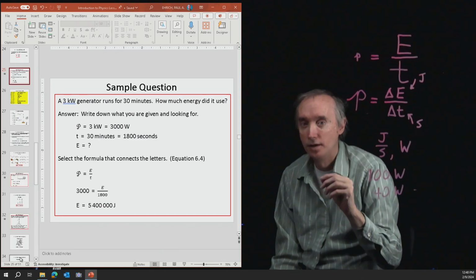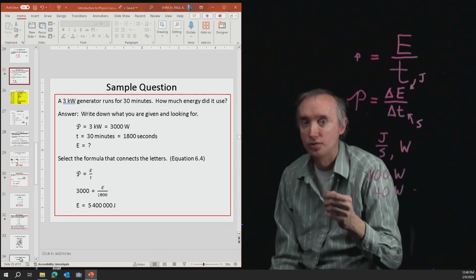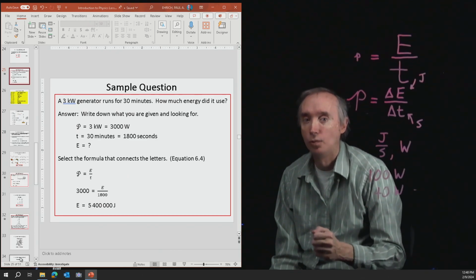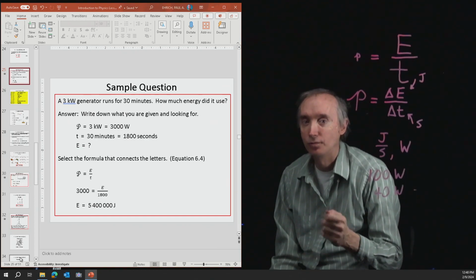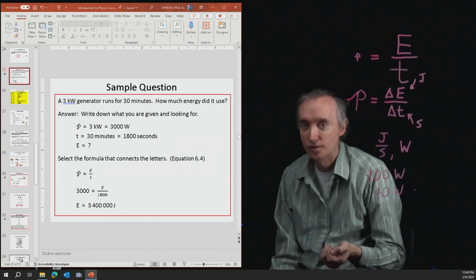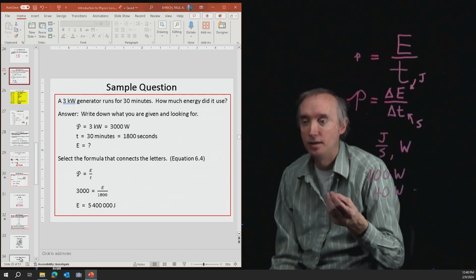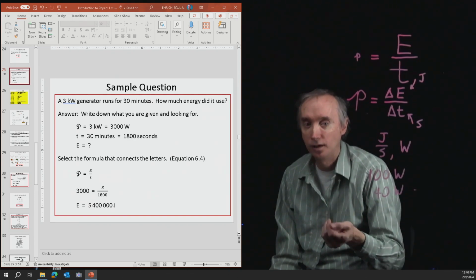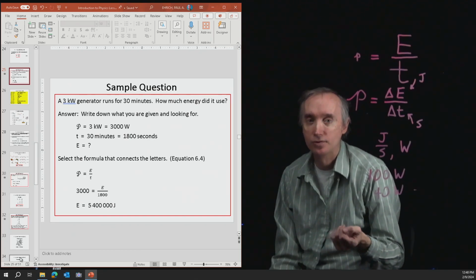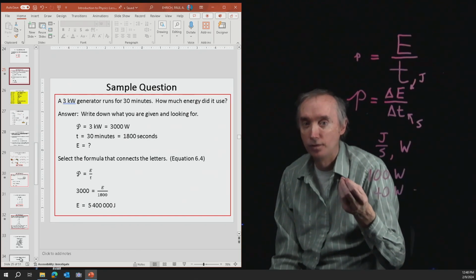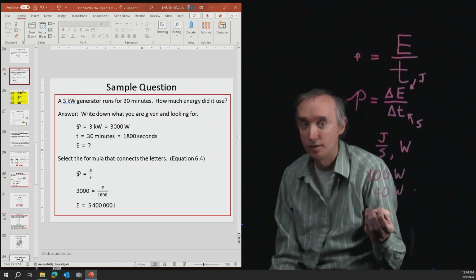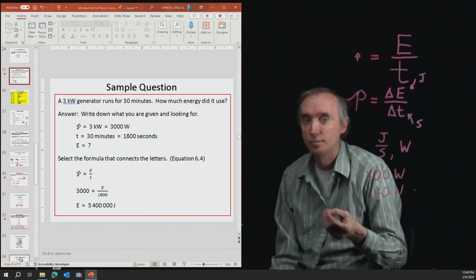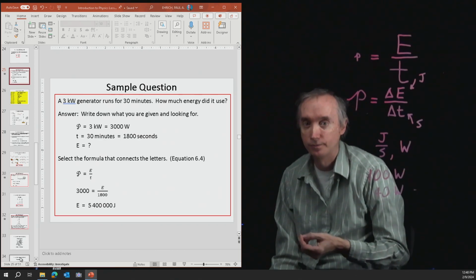So we know that P is equal to 3 kilowatts. But that's the wrong units. We need to get rid of the word kilo. You should know that a kilometer is 1,000 meters. So a kilowatt must be 1,000 watts. So 3 kilowatts must be 3,000 watts.